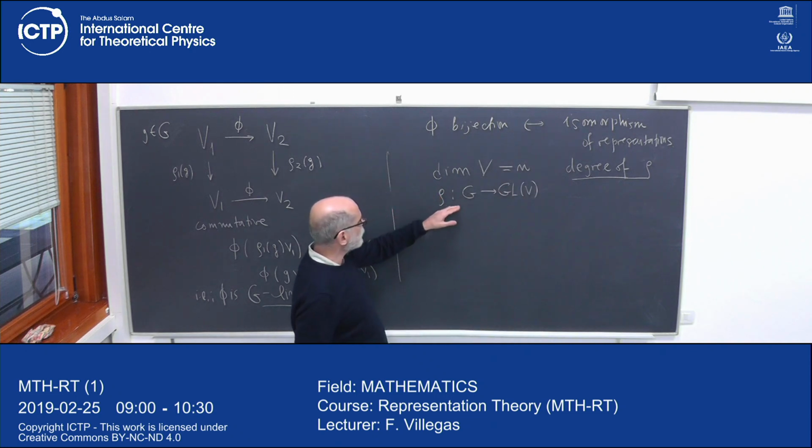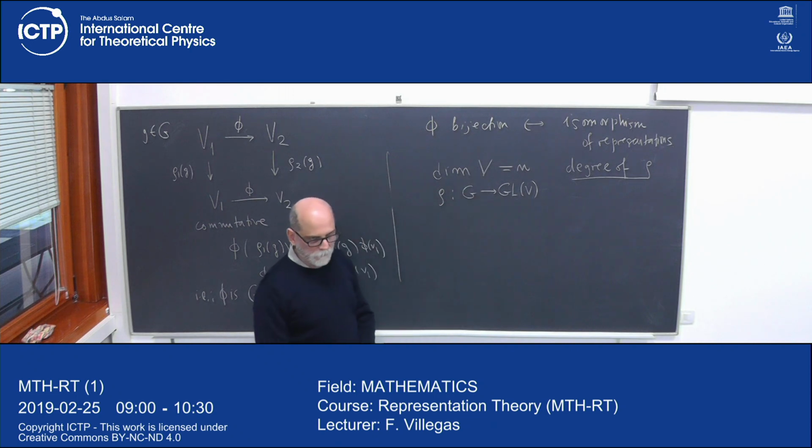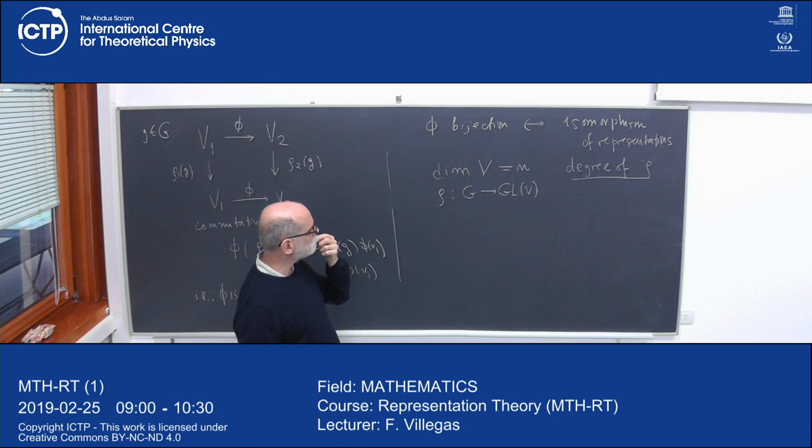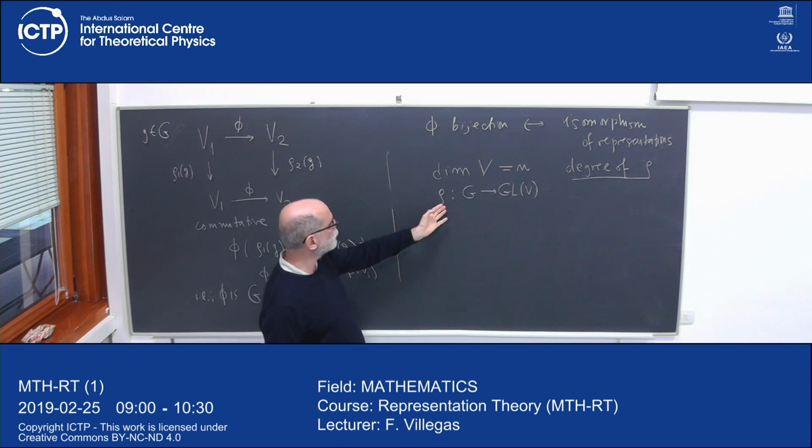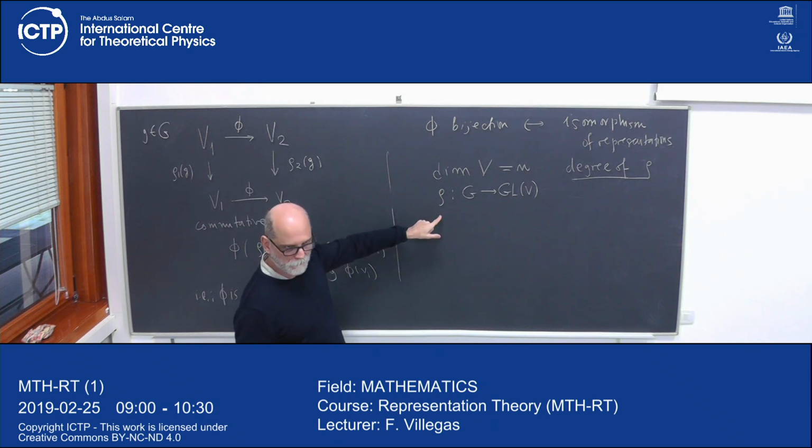A representation means a map from G to invertible linear transformations of the vector space. Sometimes we'll call the representation just V without mentioning the map rho. Instead of dimension, the word typically used is degree. Often, because we're interested in representations up to isomorphism, the actual map rho will not appear very much, or it won't be essential.